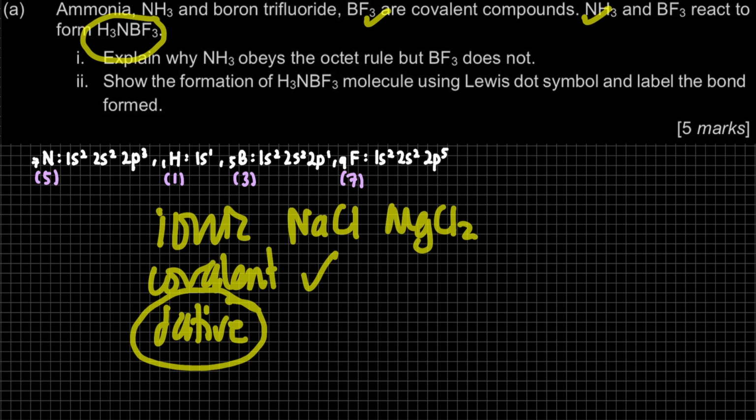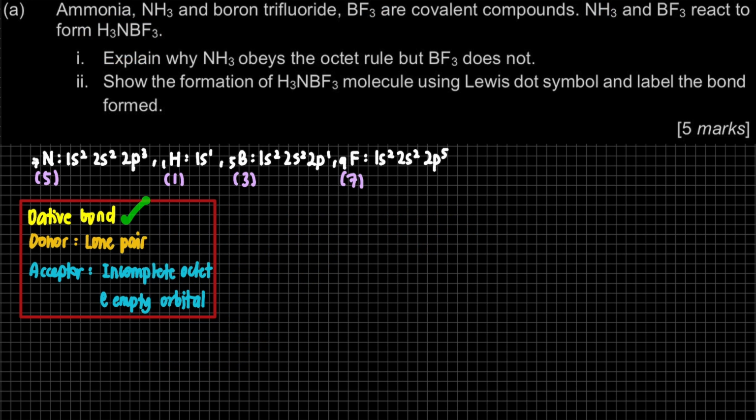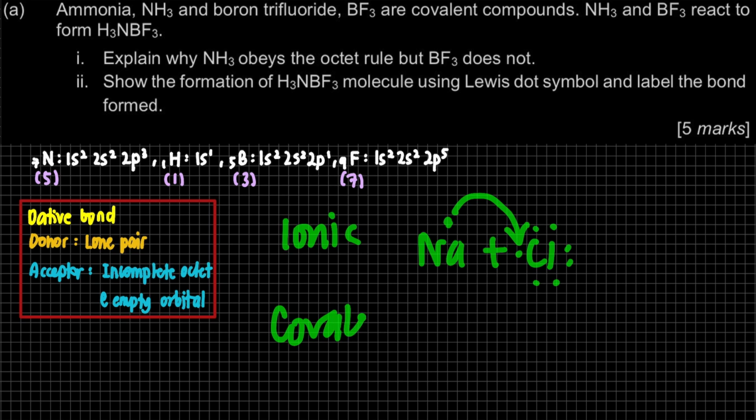Okay, so what is a dative bond? A dative bond consists of a donor and an acceptor. For example, for ionic, I have a transfer where one will gain, one will lose. For example, NaCl, so Na will transfer one of its electrons. For the covalent, we will share the electrons.